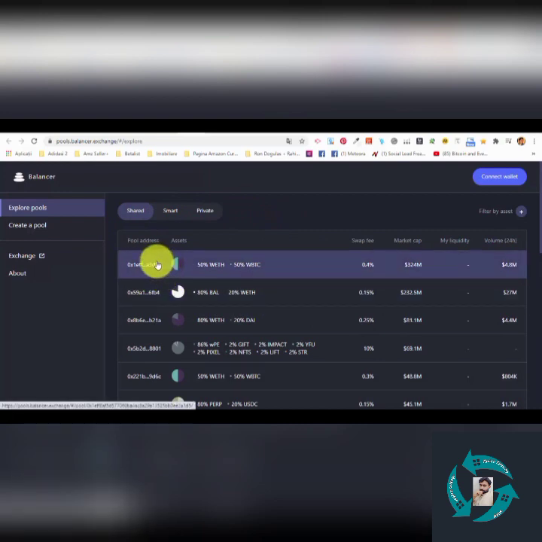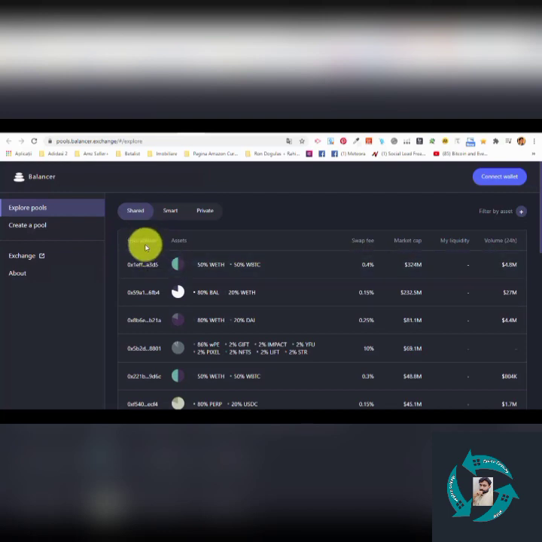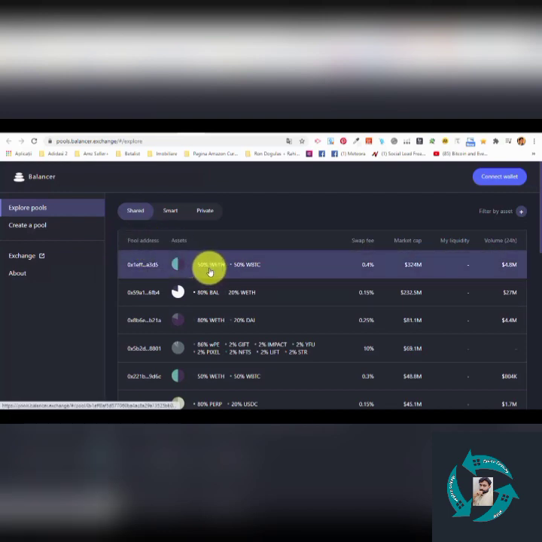This is some kind of yield farming which you have seen before, and you can earn swap fees. People put their resources together in these pools, and they make exchanges between these two tokens, right? The swap fee is 0.4%, so that's what you earn.